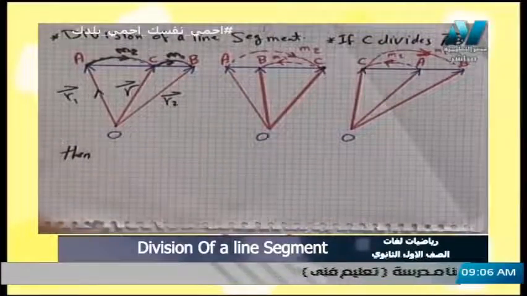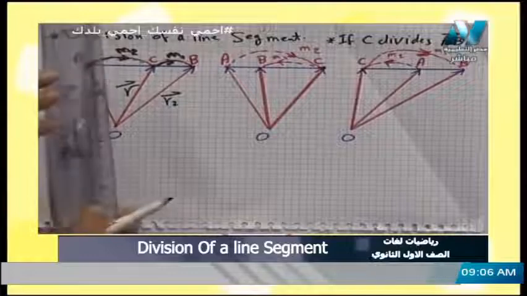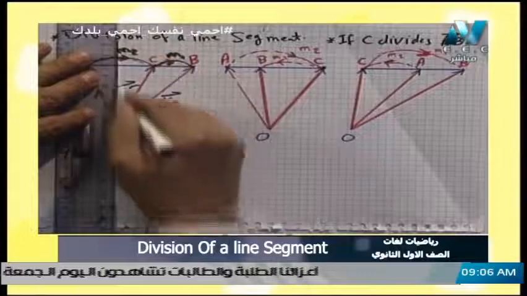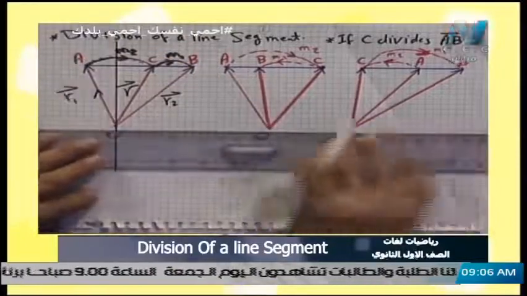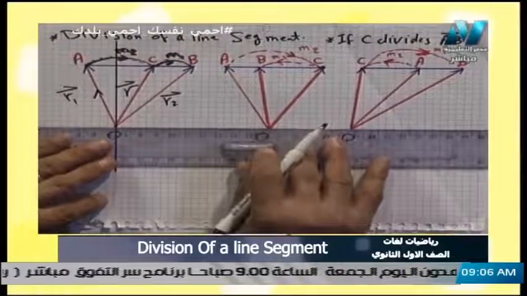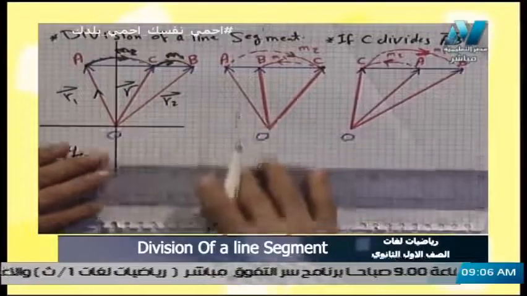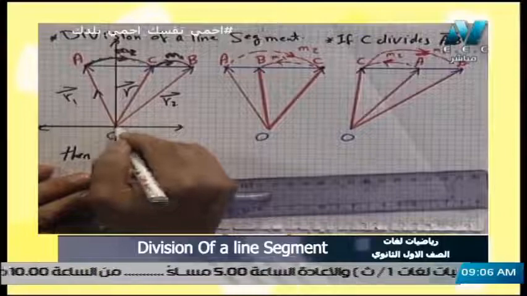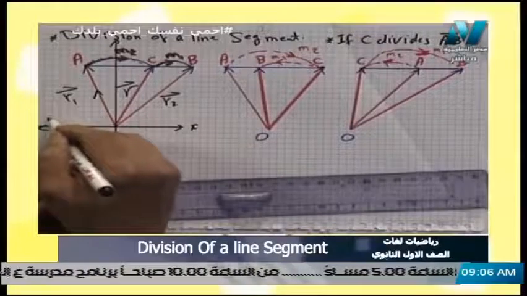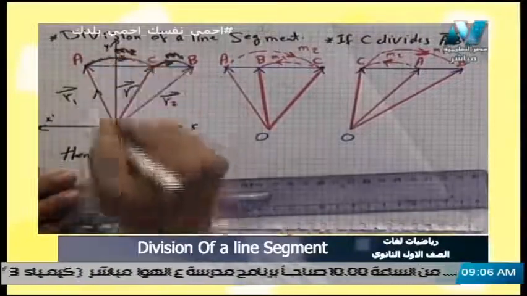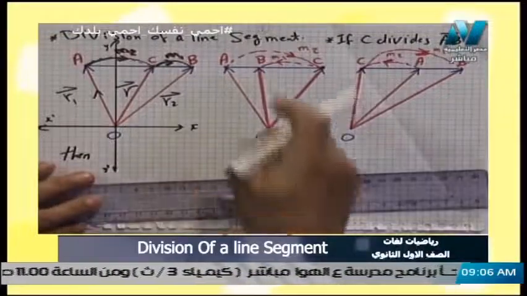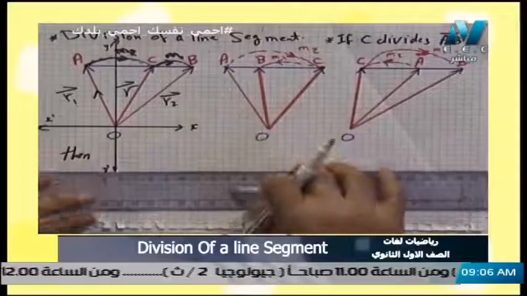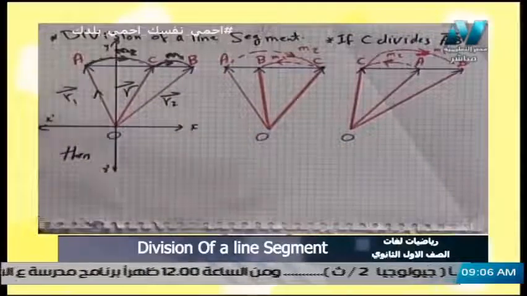So if we have the x-axis and y-axis here, this is the y-axis and this is the x-axis, and this is the origin point, of course, with x dash and y dash also.